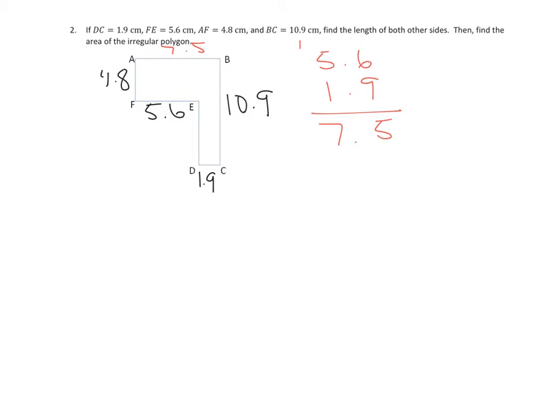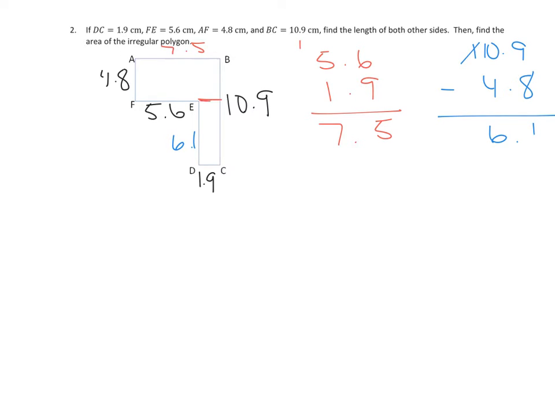To find ED, you'd have to take a look at 10.9 that BC is and subtract AF 4.8. So you would take 10.9 minus 4.8. That would give you 6.1 for ED.